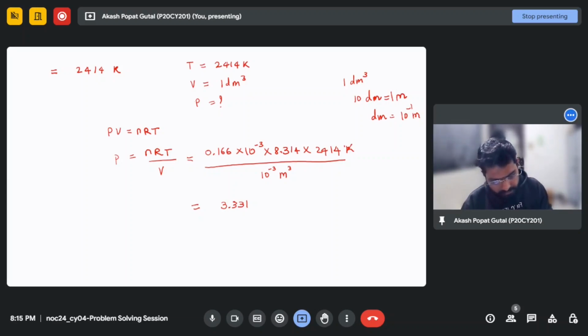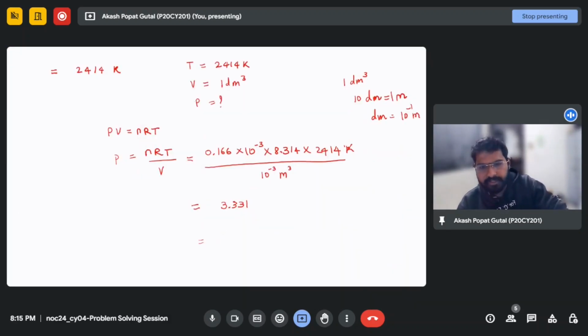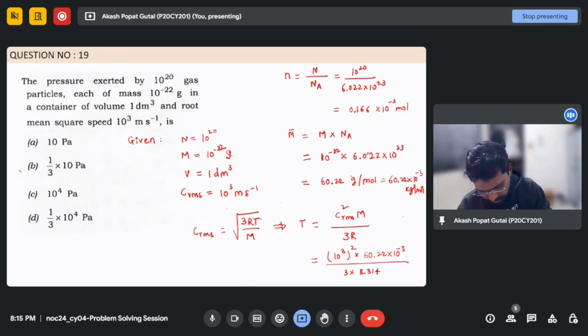So 3.331, as you can see, the options are not given that way. So 3.331 is nothing but 1 by 3 into 10 Pascal. 1 by 3 would be nearly 0.333, and multiplying by 10 will be 3.331, 3.33. So your answer should be B. Fine.